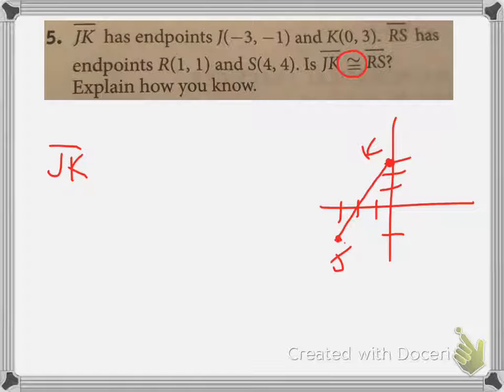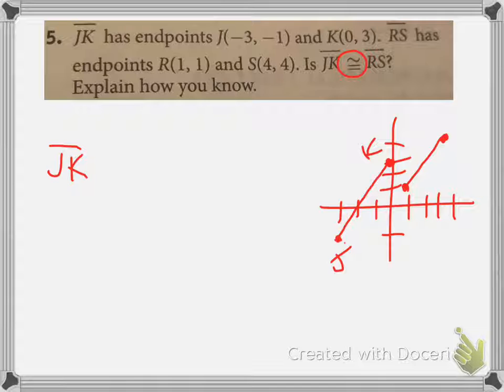Then let's plot the other one. (1, 1): we go 1 to the right and 1 up. And then (4, 4): 1, 2, 3, 4 to the right and 4 up. Right here, they don't look like they're the same distance.